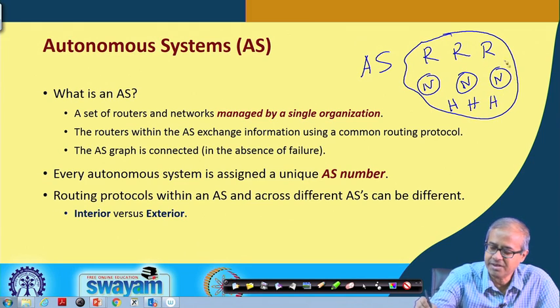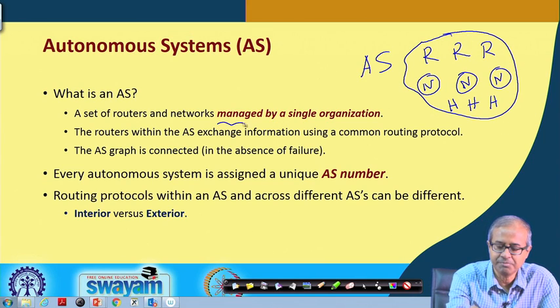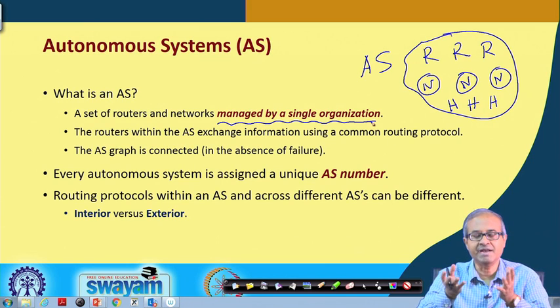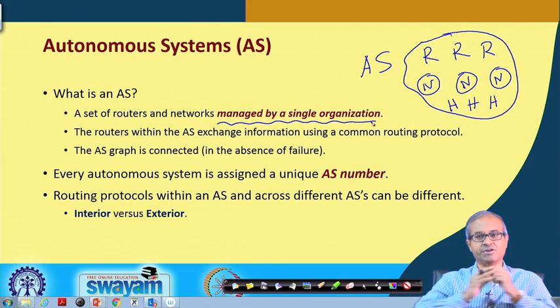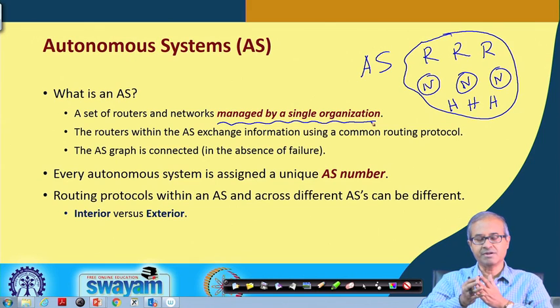Now, if all of them are managed by a single organization, then we can define it as an AS. Many organizations may have different sections or departments, there can be multiple networks connected together, but they are all managed by a single entity or organization. So, if the organization wants, they can define their organization as an autonomous system or AS.